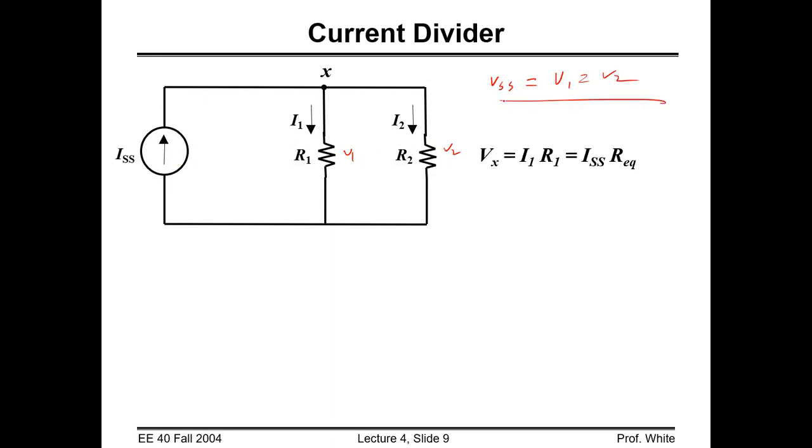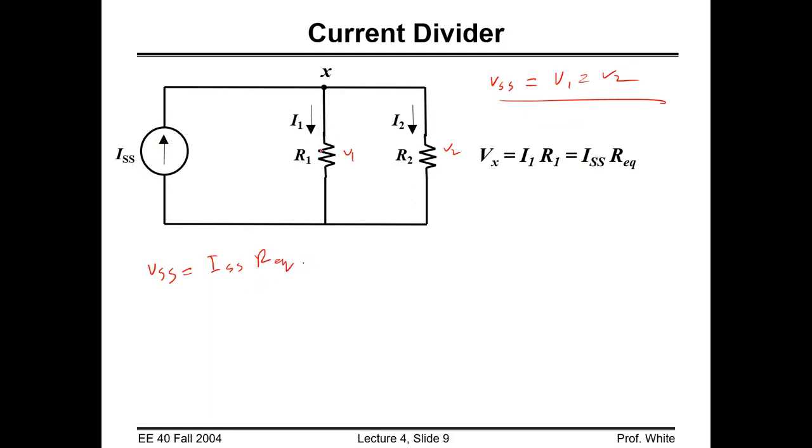Each voltage is equal to IR. This Vx is equal to ISS and R, where R means total resistance, R equivalent.